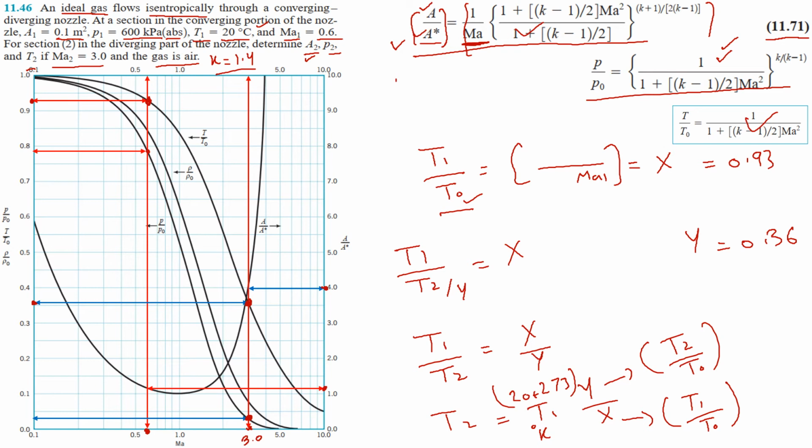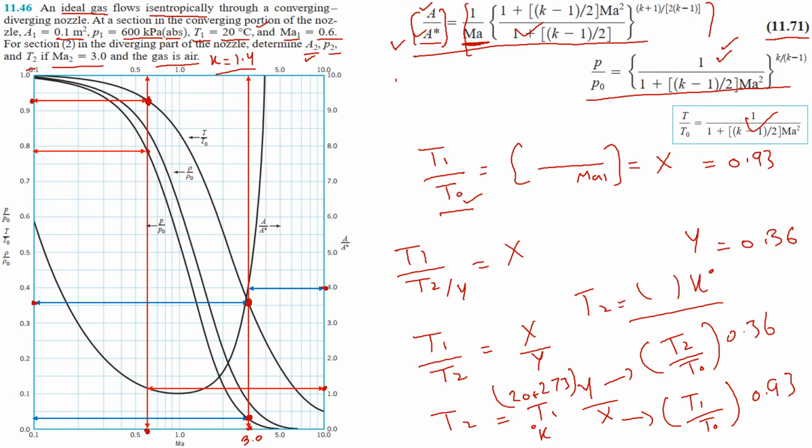This value is 0.36 and this value is 0.93, and T1 is given, so we can find our temperature T2, that will be in kelvins, the absolute temperature. So by doing this, we will have our temperature T2 that was required.